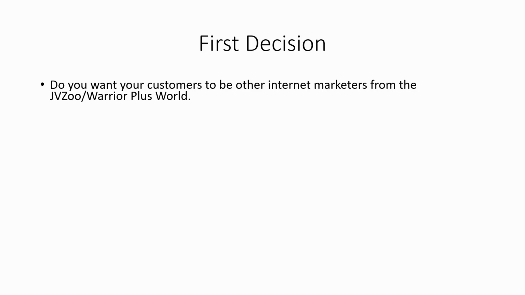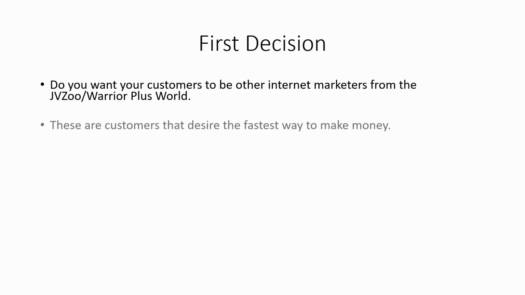You must make that decision. Do you want that to be your customer base? It does not have to be. It does not have to not be. It can be both, but you do have to decide if you want this part of the world to be your customer. If it is not going to be, that's fine. If it is going to be, that's fine.